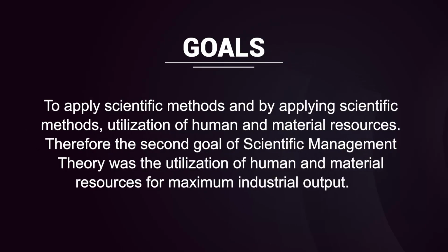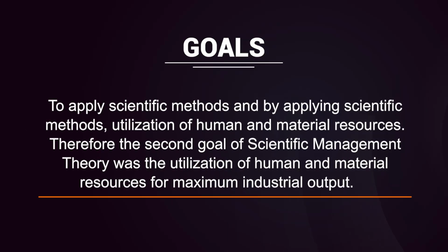Another important goal was to apply scientific methods, and by applying scientific methods, the utilization of human and material resources. Therefore, the second important goal of the scientific management theory was the utilization of human and material resources for maximum industrial output.